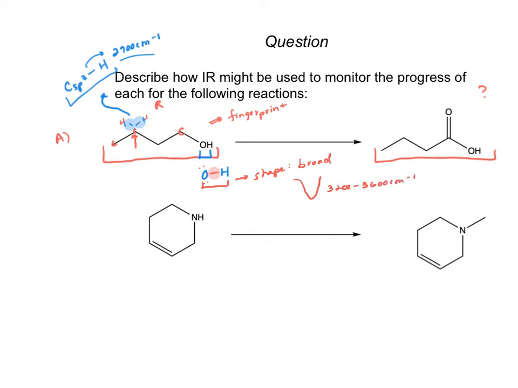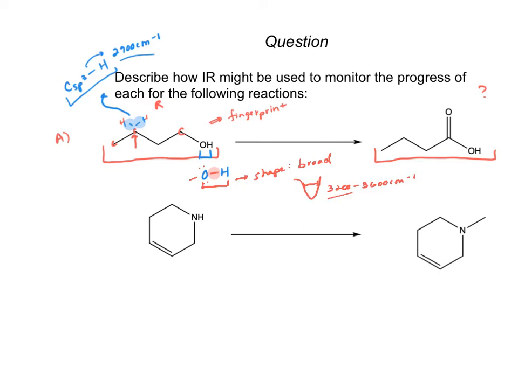Let's imagine we have our OH group participating in hydrogen bonding. Because of that, that's going to broaden our overall signal here. And so we'd expect this broad signal between 3200 and 3600, okay?